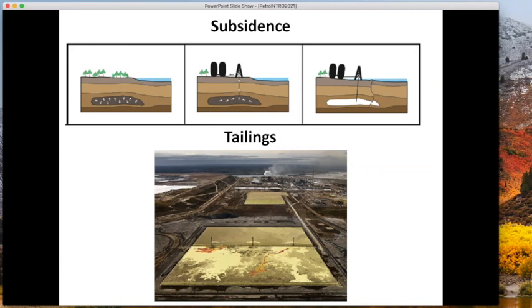Now, I want to define the top word for you. It is pronounced subsidence. And really, this would apply to any type of mining as well. But when we pull out big reservoirs of oil or gas, there can be shrinking or settling of the ground. That's how I would define subsidence, settling of the ground.